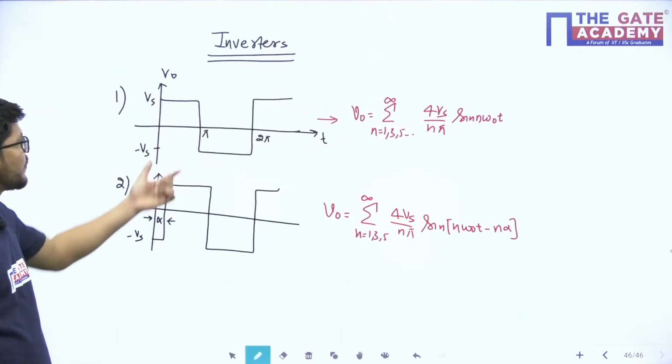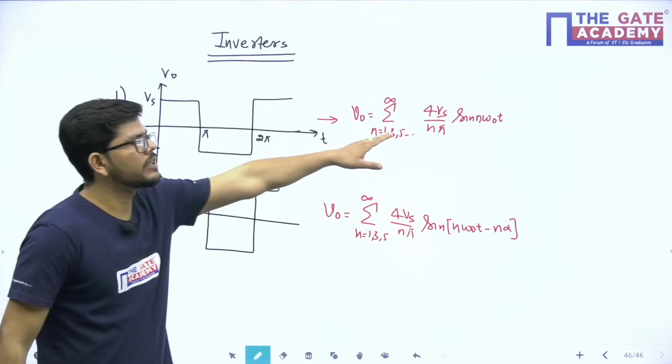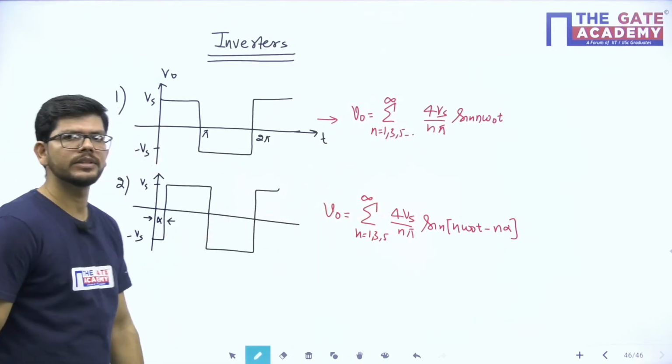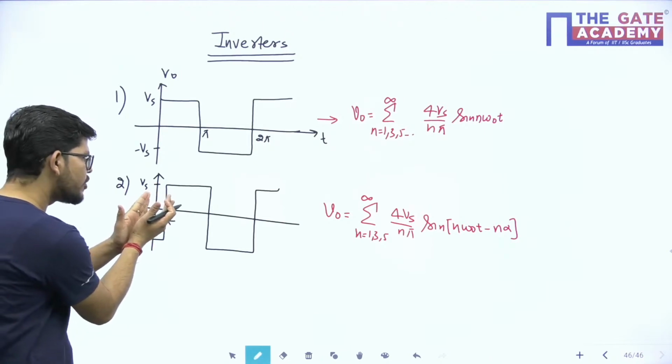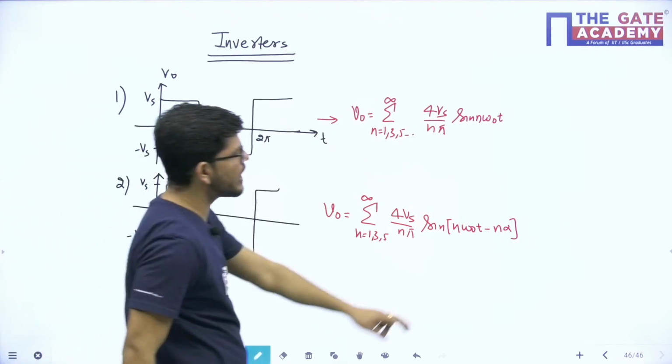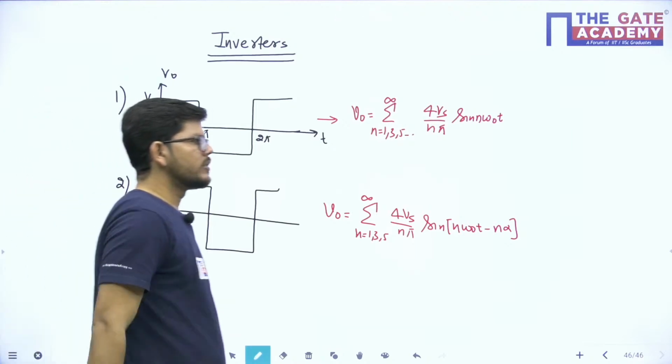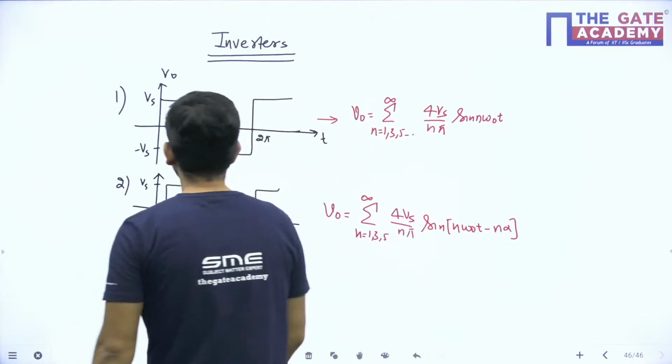If you have this particular waveform, the Fourier series will be this; if you have a shifted waveform, the Fourier series will be this much. If the waveform is shifted towards the left, then you will have a plus n alpha here. Is that clear? These will be very helpful for you.